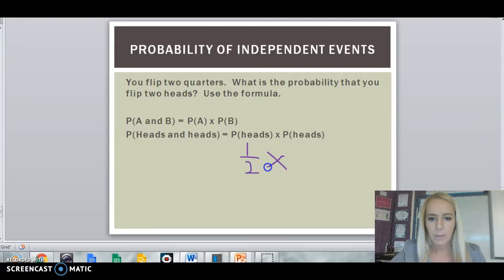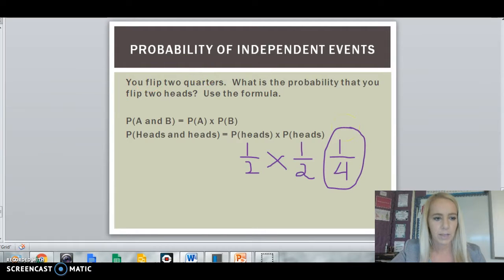And then the probability of flipping a heads on another quarter is still 1 out of 2. So 1/2 times 1/2. 1 times 1 is 1. 2 times 2 is 4. So the probability of flipping two heads on two quarters is a 1 out of 4 probability.